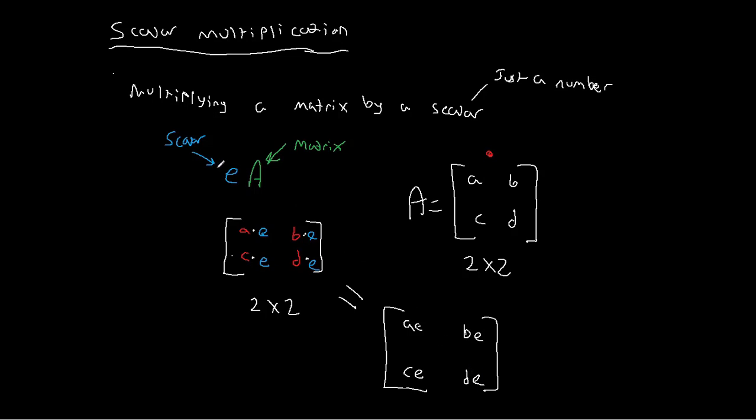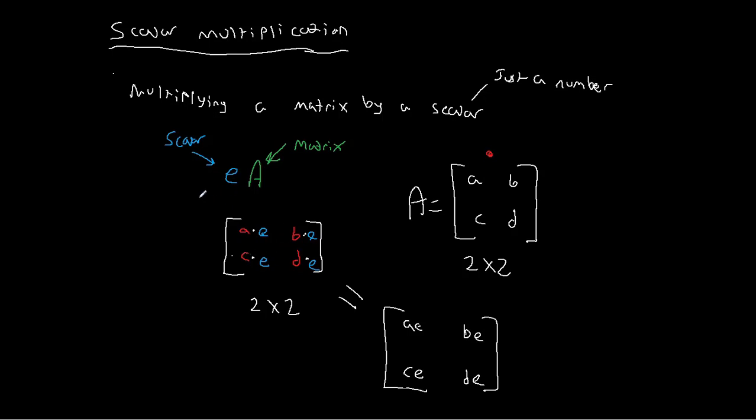So in this case, multiplying a matrix by a scalar, you just multiply each element in the matrix by that scalar. That's how scalar multiplication works. Scalar division works the same way. You just divide each number by the scalar.